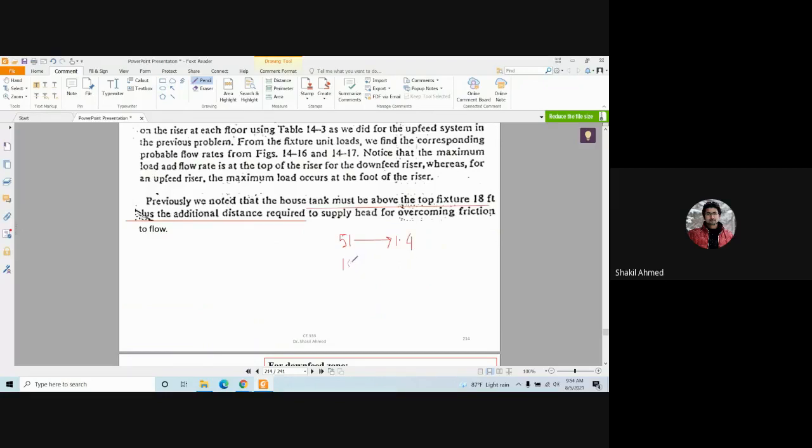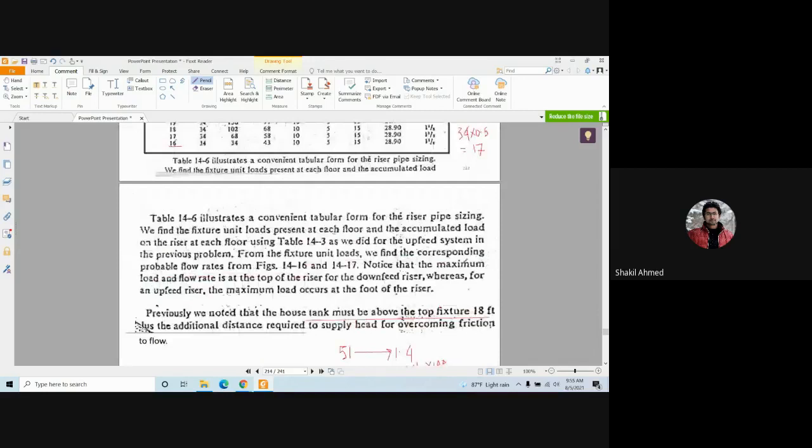So for 100 feet length, your pressure drop is 1.4 divided by 51 into 100. Tell me the value, please. So 2.74, or whatever it is, 2.8 or 2.74.